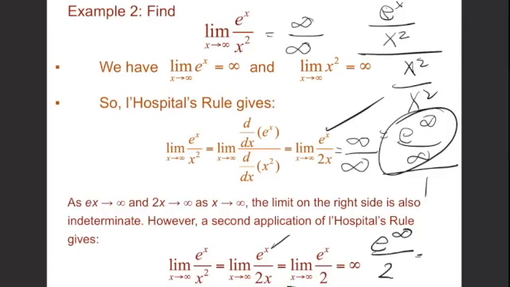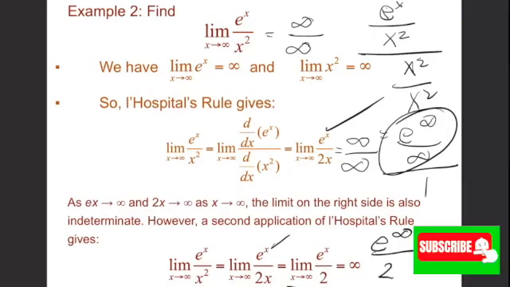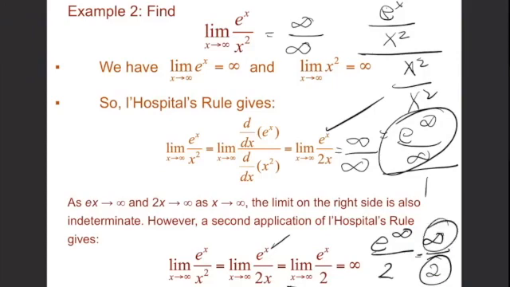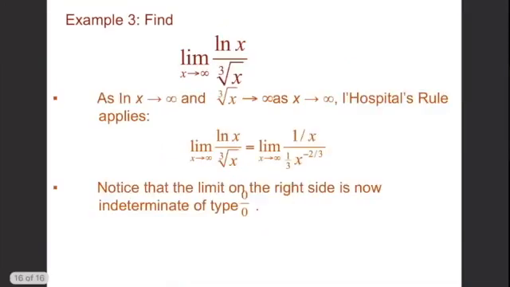That means e, a constant number, is raised to a very, very huge number, unbounded. So the answer is infinity over 2. Now, the divisor is irrelevant because this is unbounded. So therefore, the answer is infinity. Got it, class? Now, okay, another one.